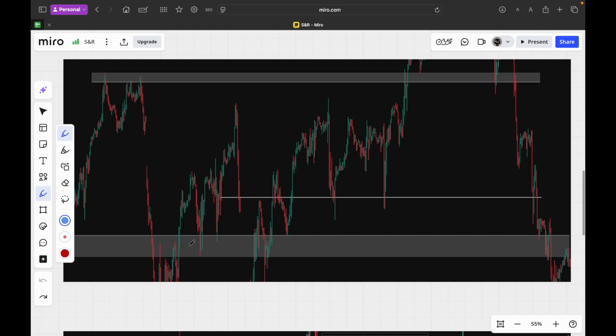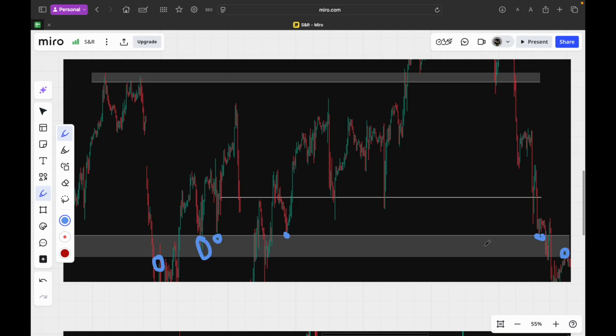You can see this zone is a lot bigger than that one, because this wick touched in the zone, this wick created the zone, there was a small touch, there was a touch, there was a touch, there was a touch.